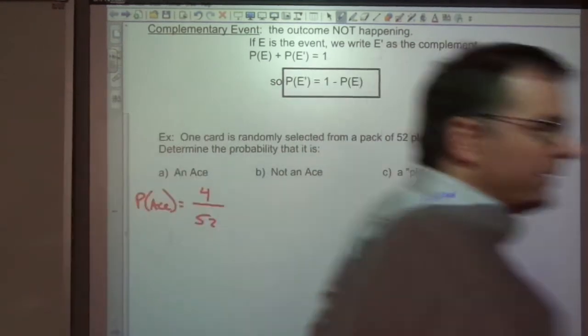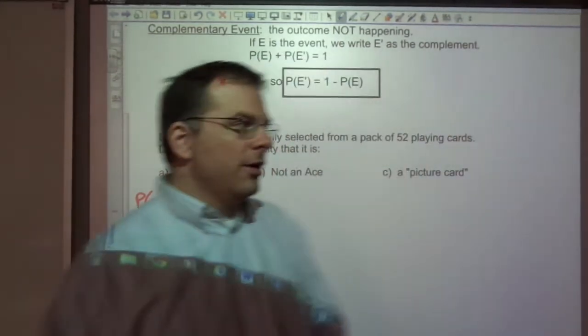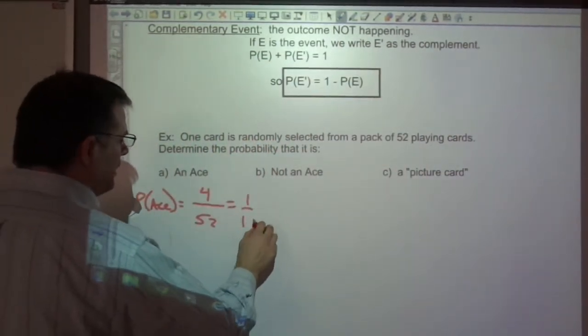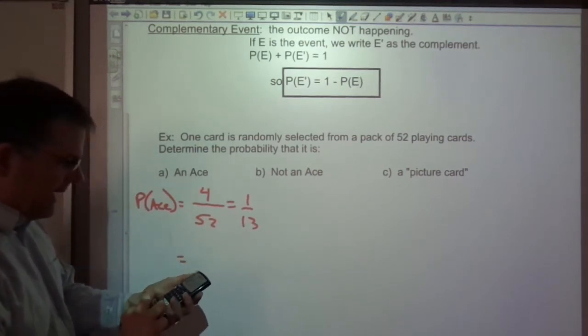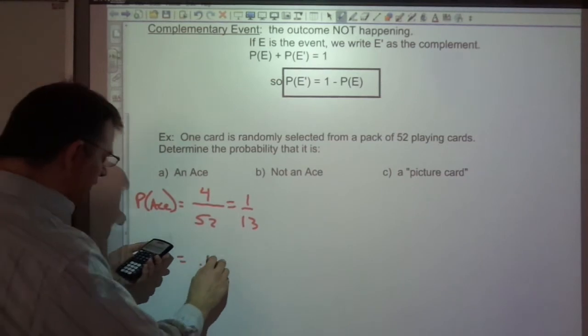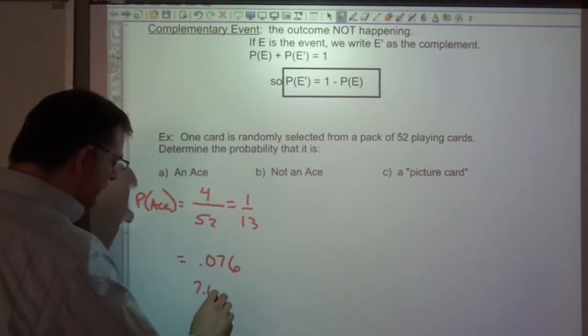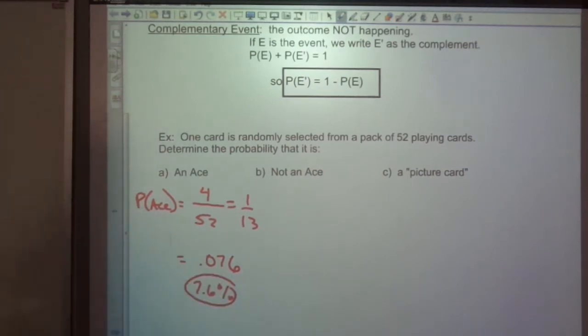So we've got 4 out of 52. I'll grab my handy dandy calculator. We would like to reduce this if we can. So this reduces to be 1 out of 13. So the probability of drawing an ace is 1/13, which is 0.076, or 7.6%. We usually leave it like this, though, but that's okay.